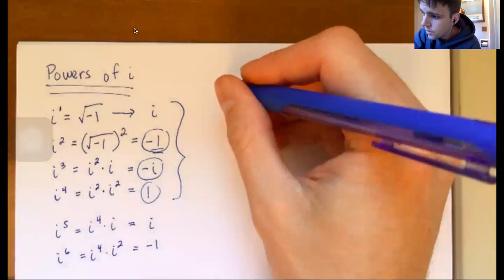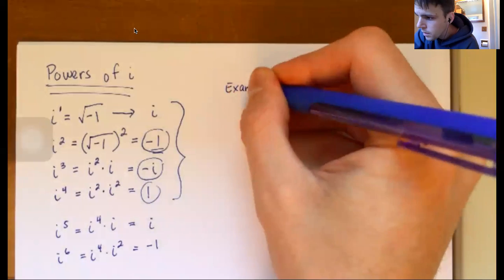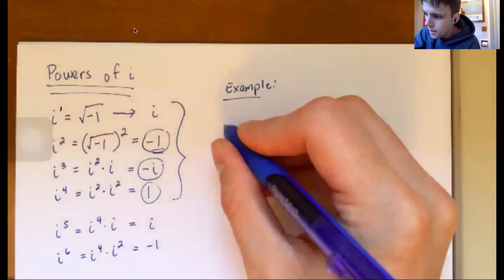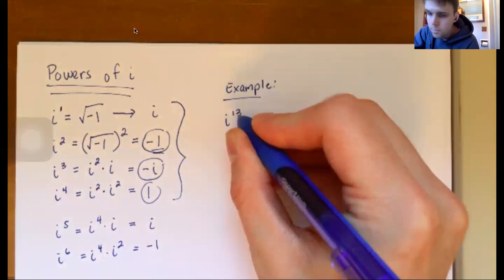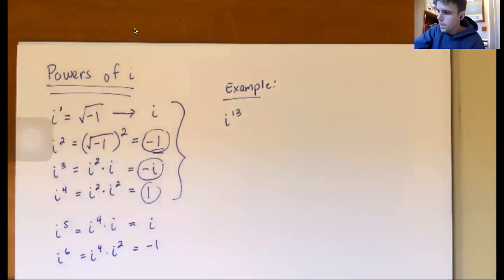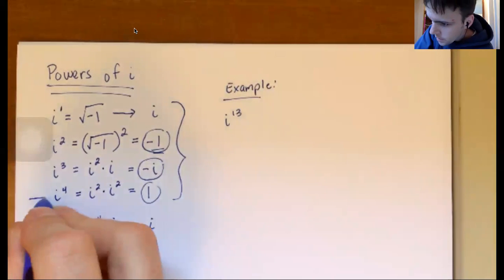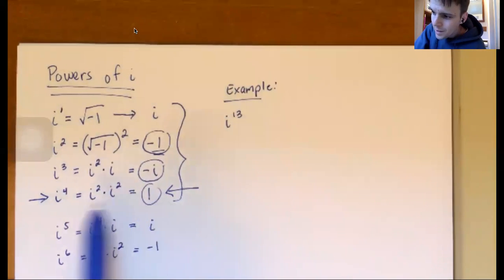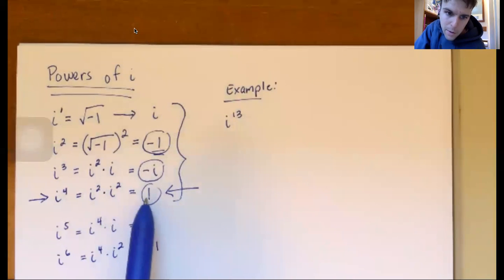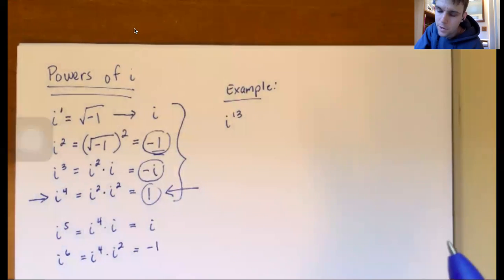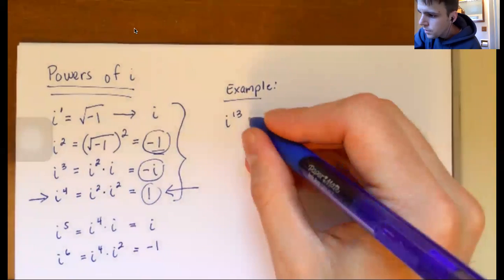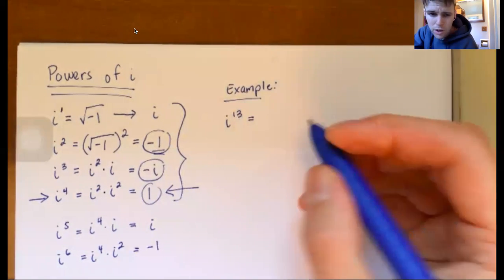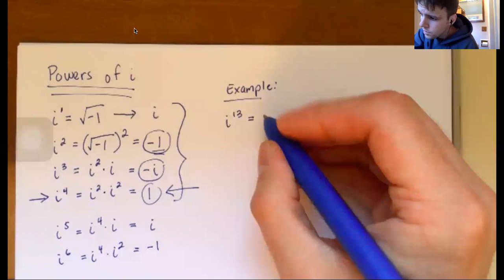So let's look at an example of an even higher power, like, let's say, i to the 13th power. Well, this one right here is going to be the key for us. i to the fourth being 1 is awesome, because anytime I multiply something by 1, nothing happens. I can pretty much ignore it. So I'm going to break this down. 13, 4 goes into that 3 times.